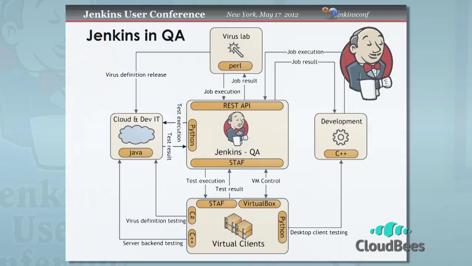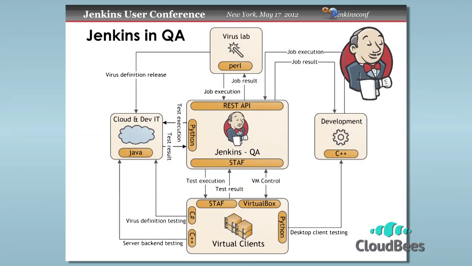You can see that on this picture. Nice, simple picture. Let's focus on the middle, and let's find those three possible approaches from Jenkins' point of view. On the left side of the Jenkins box, there's a Python label. That means we run Python scripts on the same machine when Jenkins runs, and we run these tests against some servers.